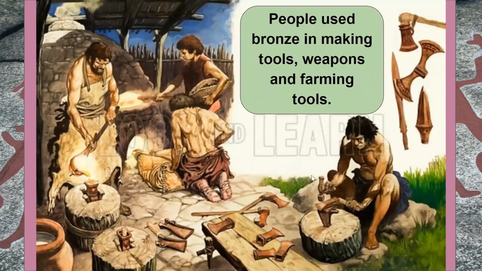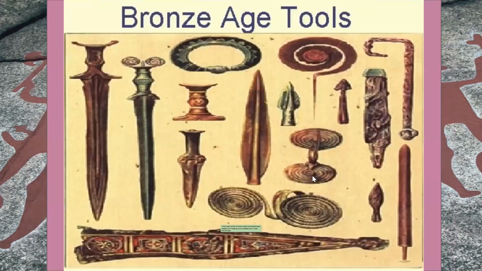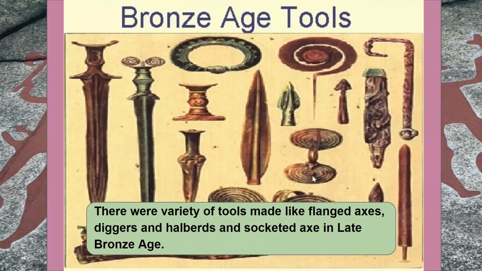People used bronze in making tools, weapons, and farming tools. These were stronger and more durable than copper tools and weapons. There were a variety of bronze tools made, like flange axes, diggers, and halberds, and the socketed axe in the late Bronze Age.